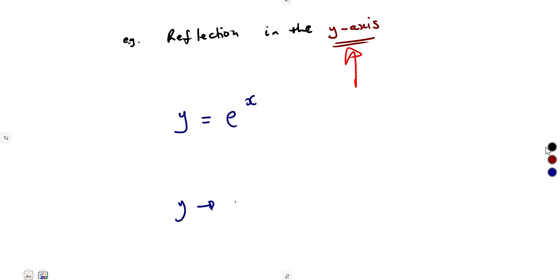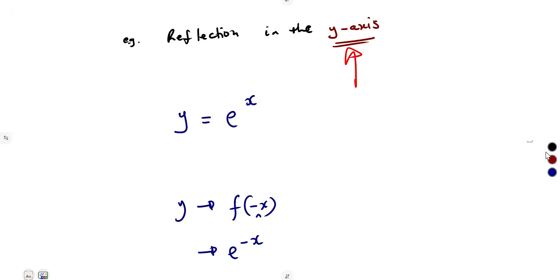Once we understand that concept, we are done. For a function, for a line, whether it is a hyperbola, whether it is a parabola, whatever you're given, in place of x, simply put minus x there.